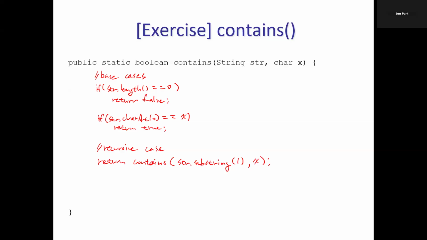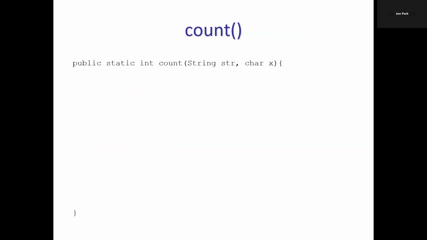Okay. We'll do a slightly more advanced version. So this time, instead of returning Boolean, we're going to return the count, the number of times X appears in the string. So same example.